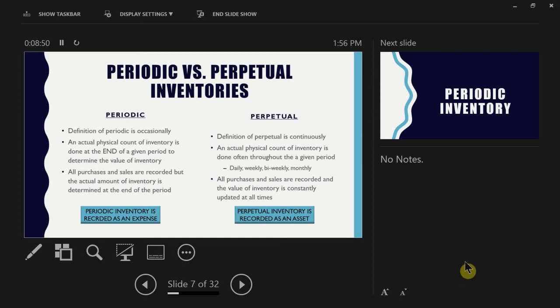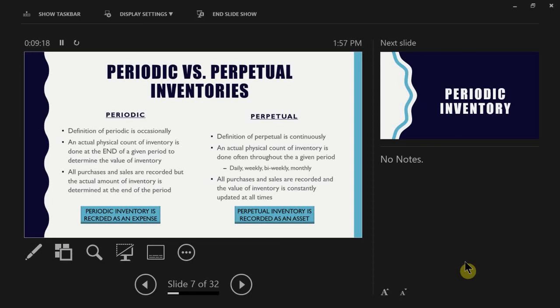They can even do a physical count if they like, but you should be able to know how much inventory you have at all times. And one big difference is that once you make a purchase of perpetual inventory, it's automatically recognized as inventory.